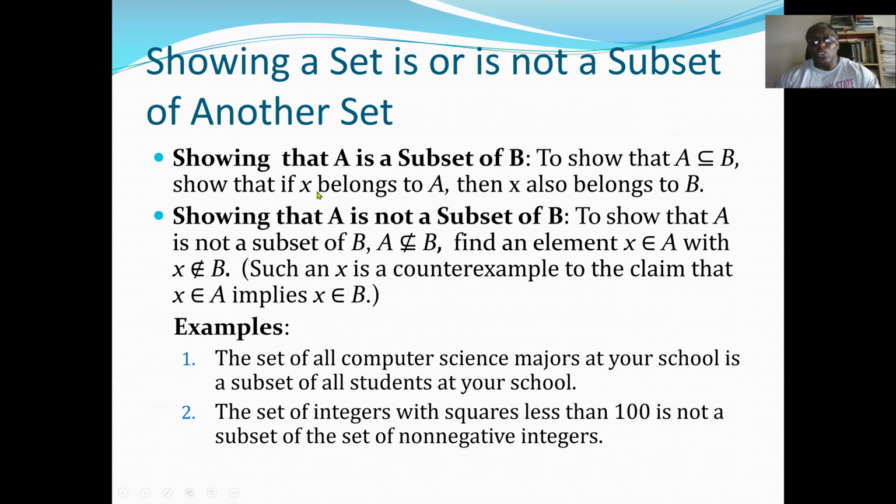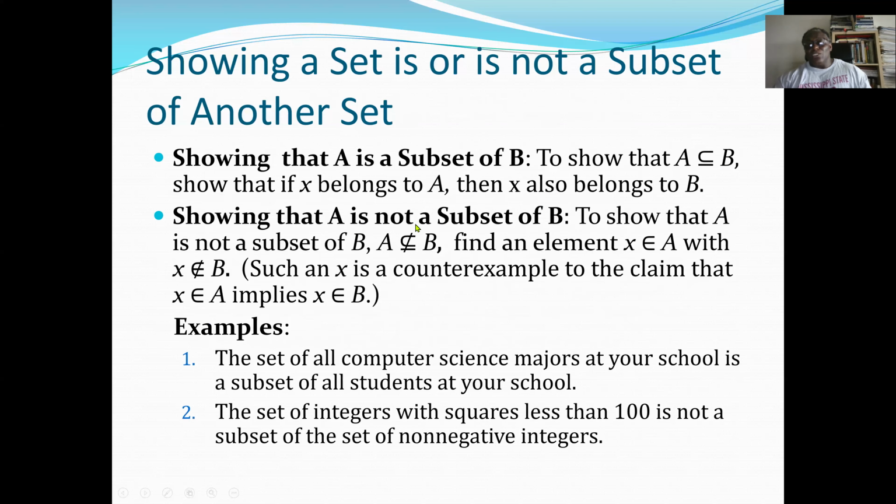To show that A is a subset of B, we show that if x belongs to A, then x also belongs to B.